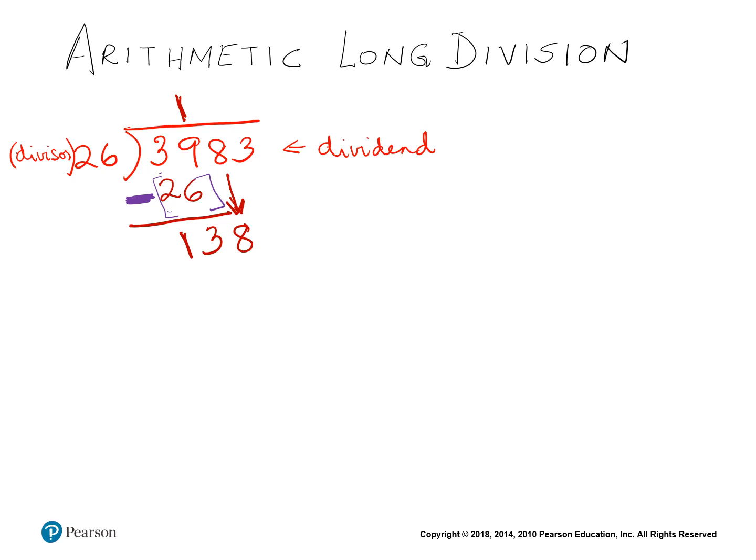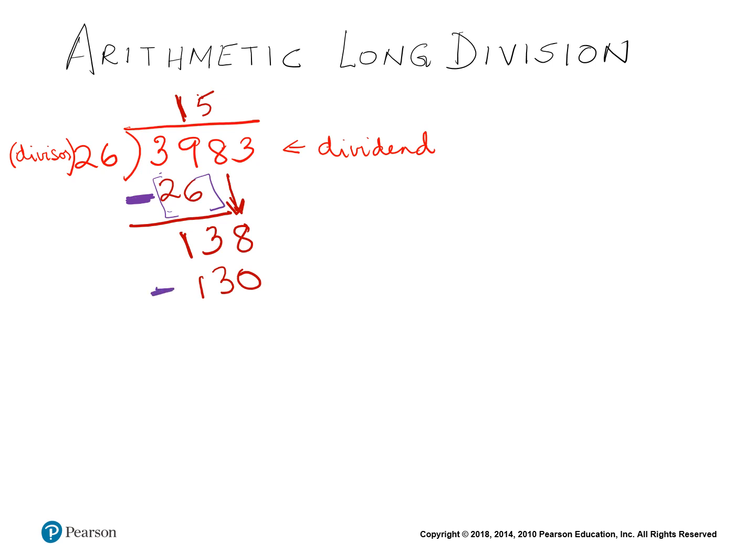Now let's see how many times 26 goes into 138. That would be 5. So 5 times 26 is 130. We write the 130 below 138, and in the next step, we subtract.